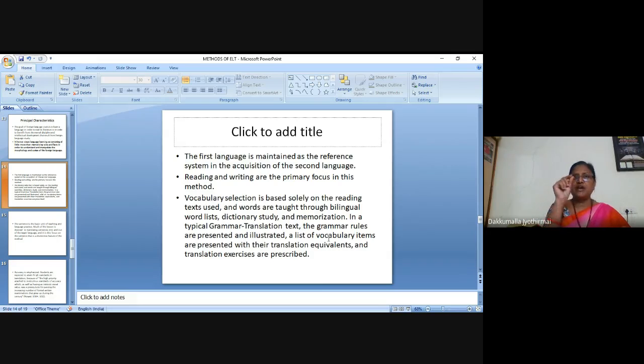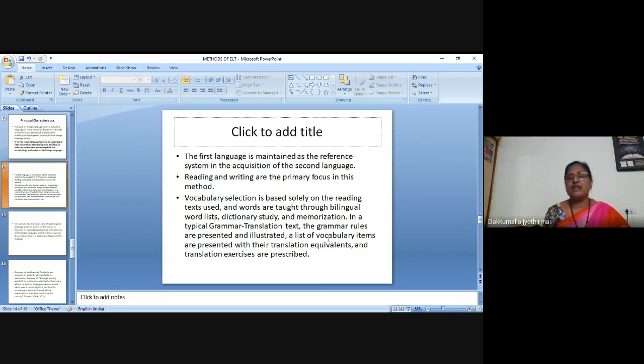So giving one word in the target language, and the other word, its equivalent meaning in the first language, that is the mother tongue or native language. So this is a bilingual method. And also vocabulary can be learned through dictionary study and then memorization. Okay, in a typical grammar translation text, the grammar rules are presented and illustrated.